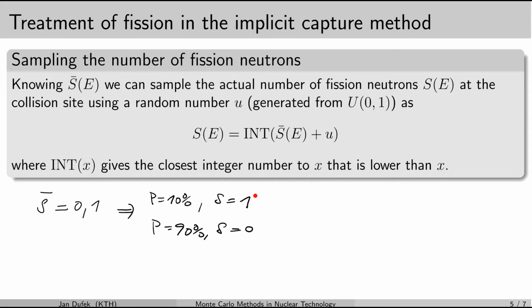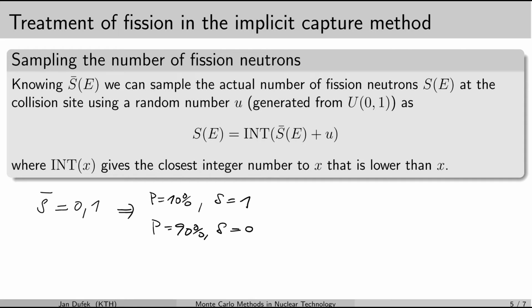So you can take this data and you can simply use the inverse transform method to sample the number of neutrons, the S number. Now the same result you will obtain if you use this equation to sample the real number of fission neutrons.